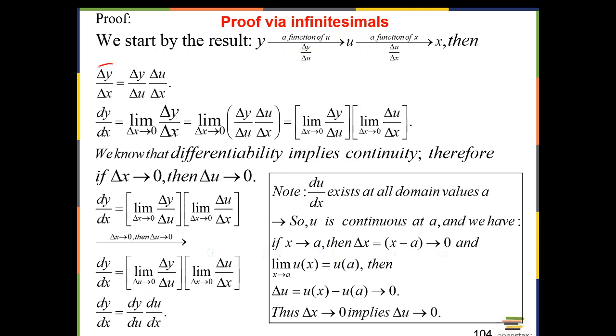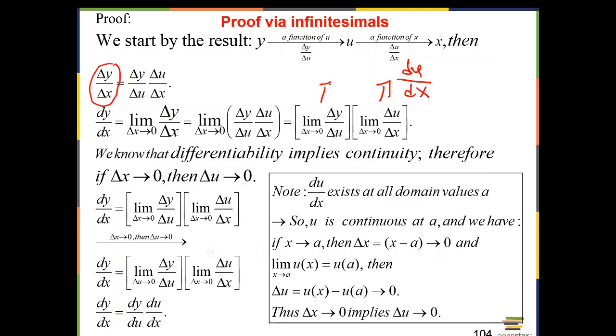Obviously the limit of that when delta x goes to 0 is dy/dx, right? And the limit of the other side would be the product of the limits: limit of this times limit of that. Now we know what this is. This is u prime, or in Leibniz notation du/dx. That's correct by definition.